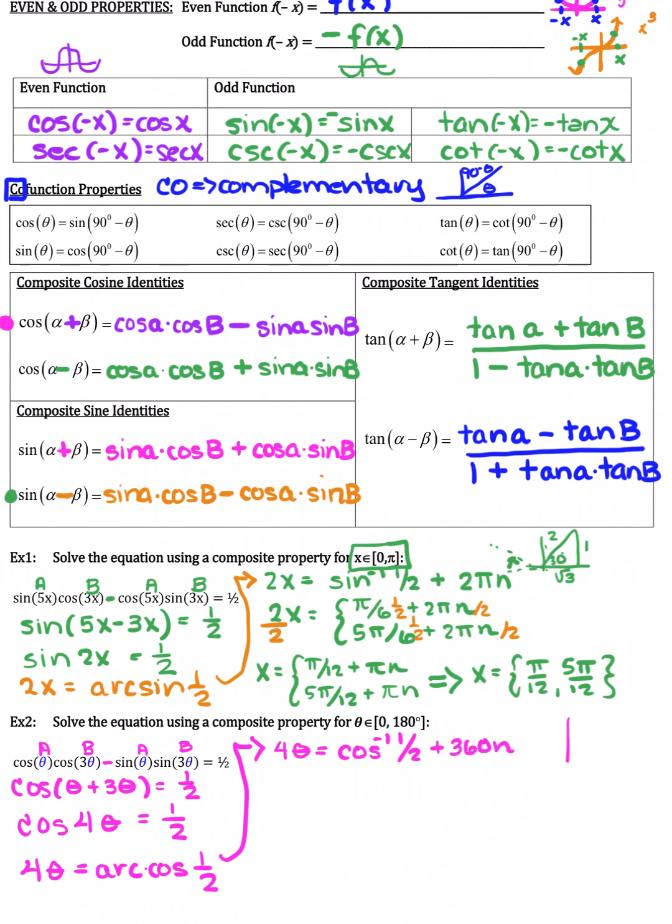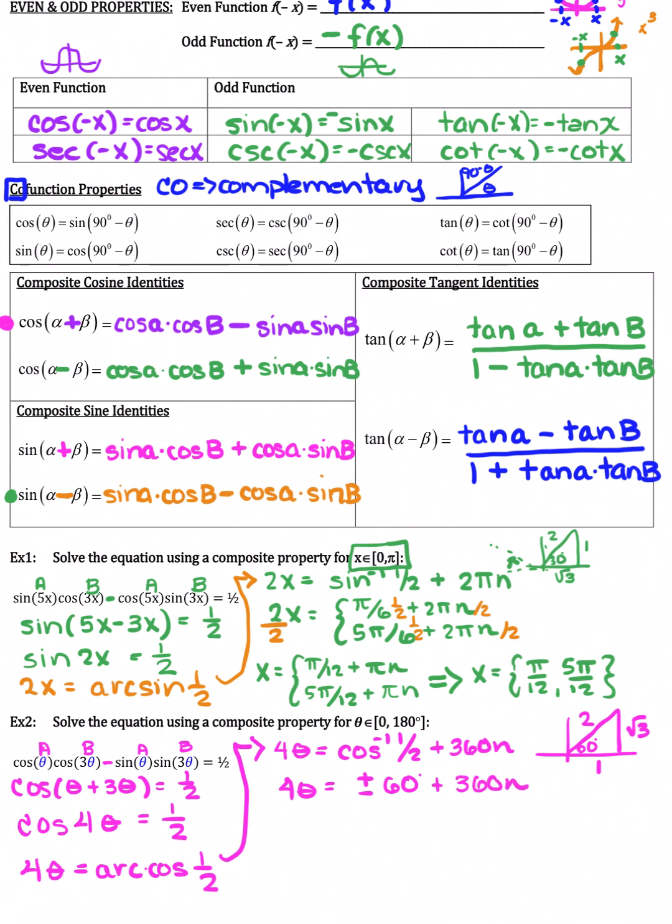So cosine, it's a positive ratio, so we can go to the first quadrant, adjacent, hypotenuse, that makes this rad 3. That means my reference angle is 60. So this will become 4 theta equals plus or minus 60 degrees plus 360n.